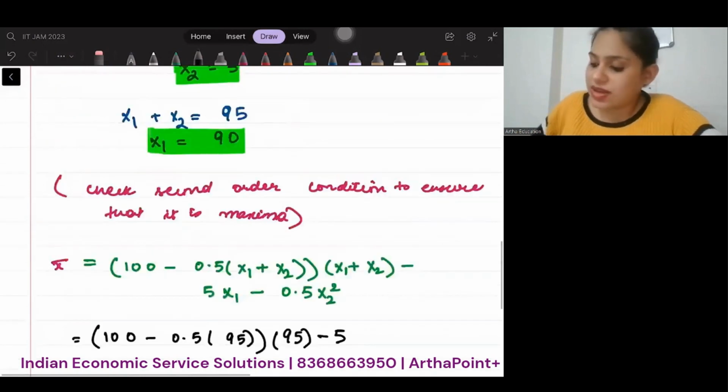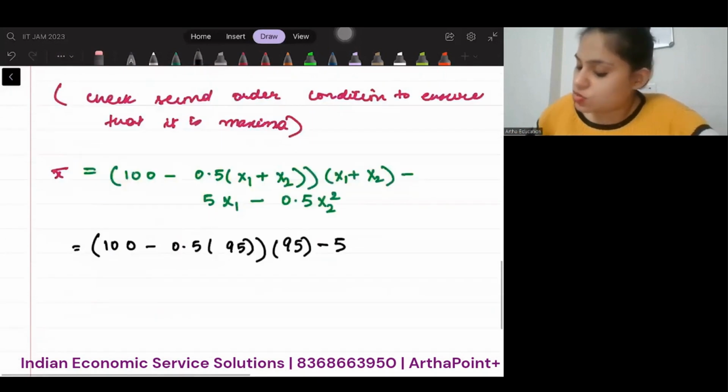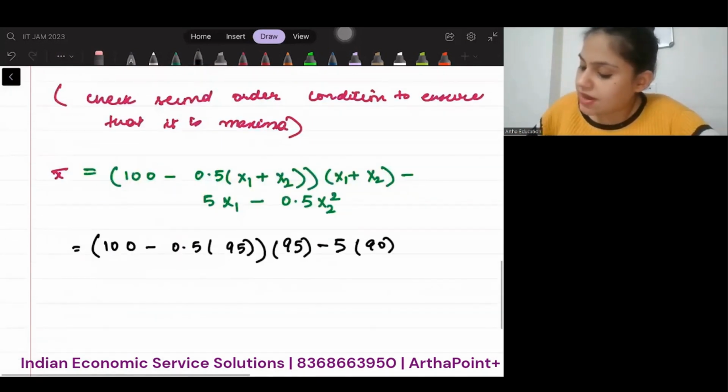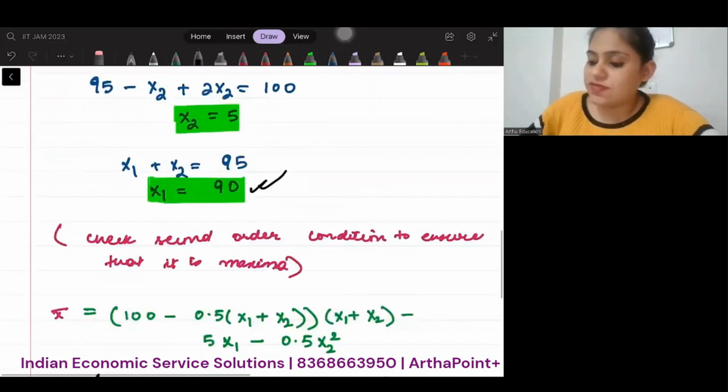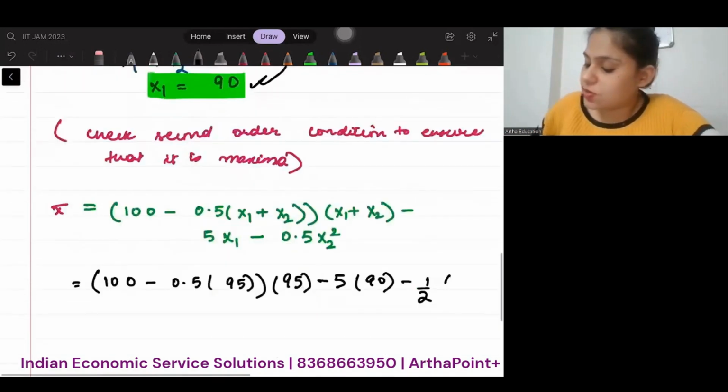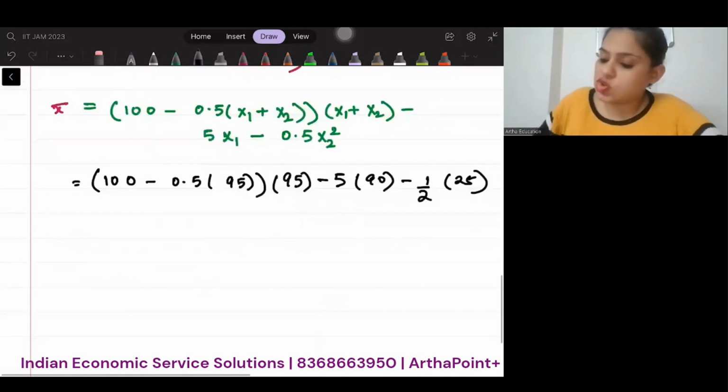What is x1? x1 came out as 90, right? So 90, minus half, this is 0.5, x2 square, x2 is 5, so 5 square is 25. So just solve this, please.